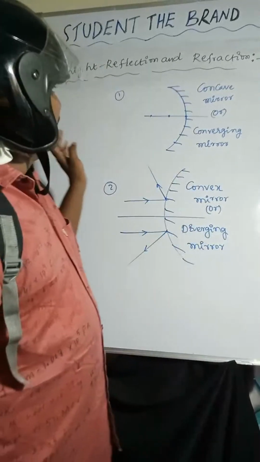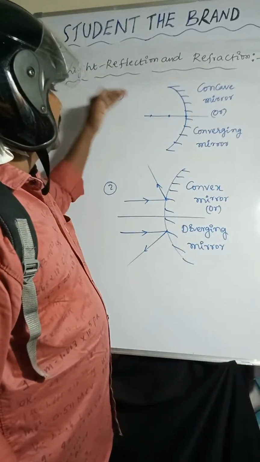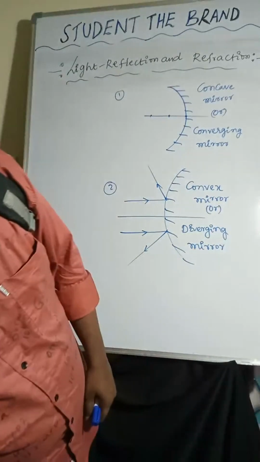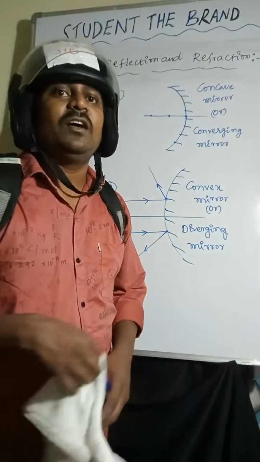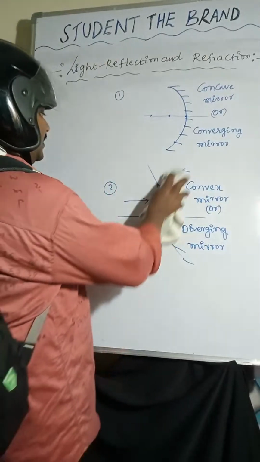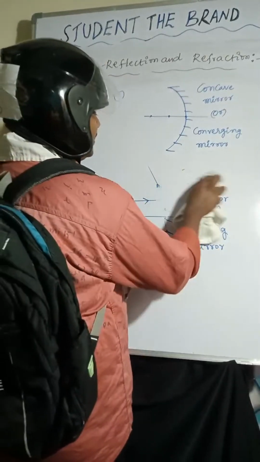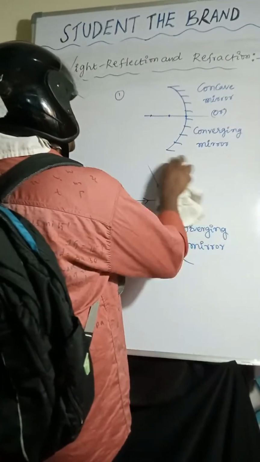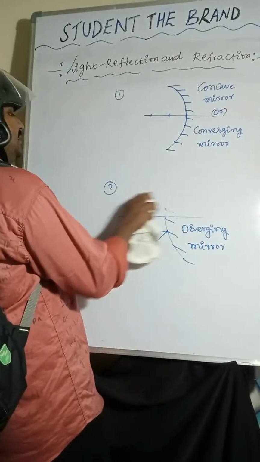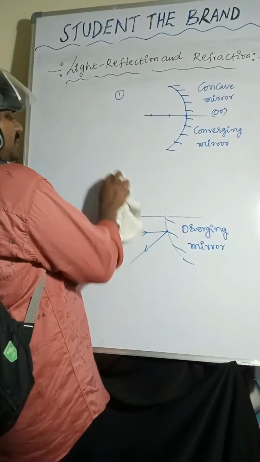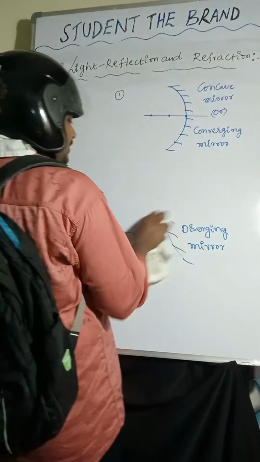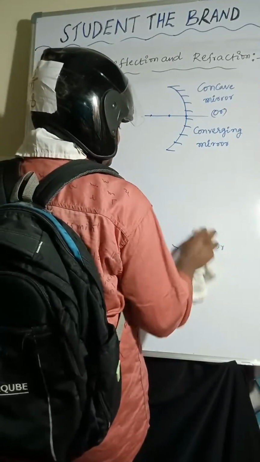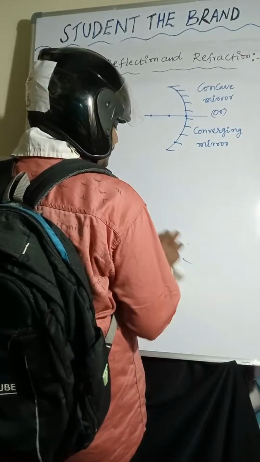All right, so that was about concave mirror and convex mirror. Now we will discuss ray rules of concave mirror and convex mirror. But before that, we will discuss terms related to spherical mirror.